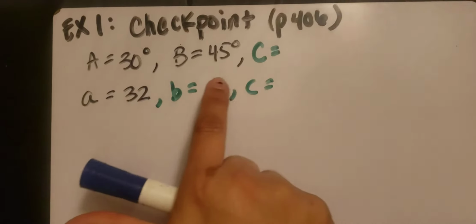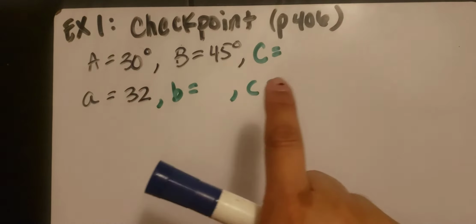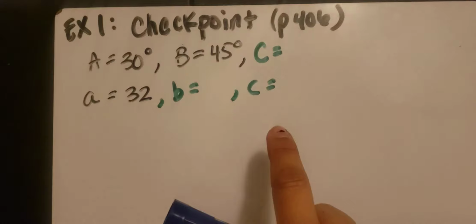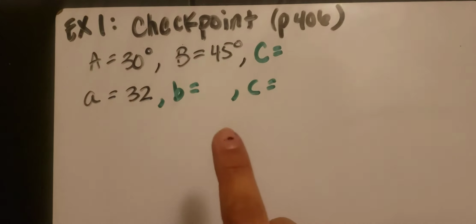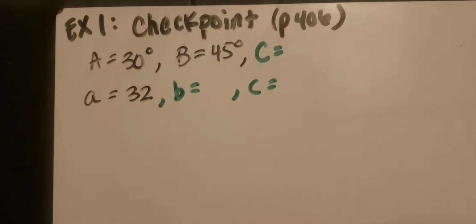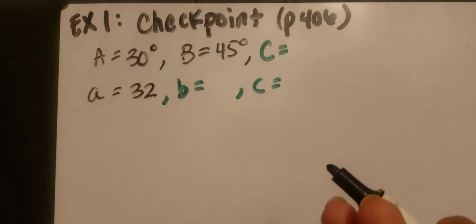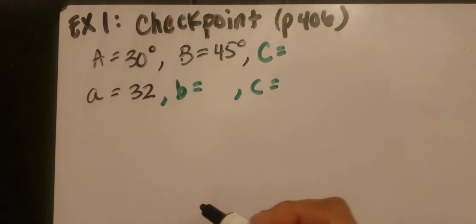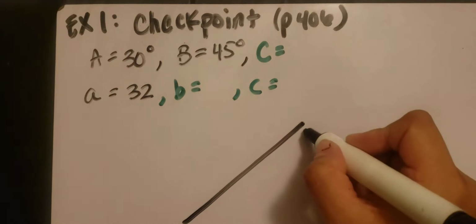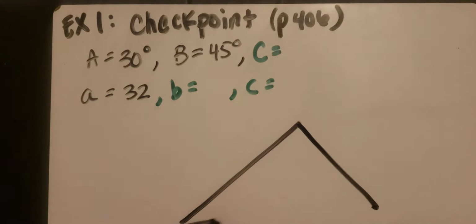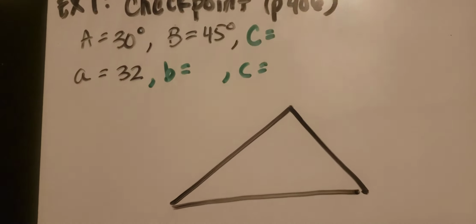They're using the uppercase letters for the angles and the lowercase letters for the sides, okay? So real quick, I'm going to draw a triangle. By the way, for this one, they already give you a triangle. I would say that a picture is not necessary, but at first, I would suggest that you do it.